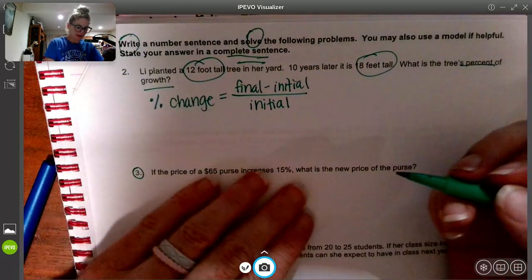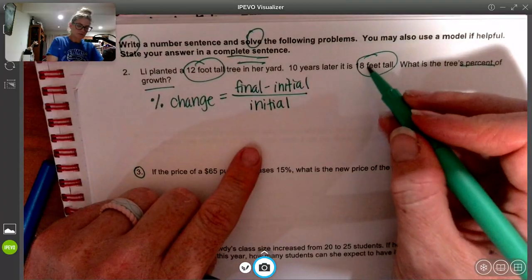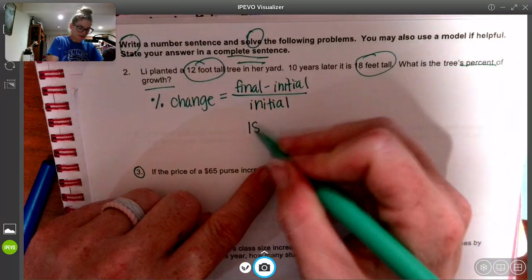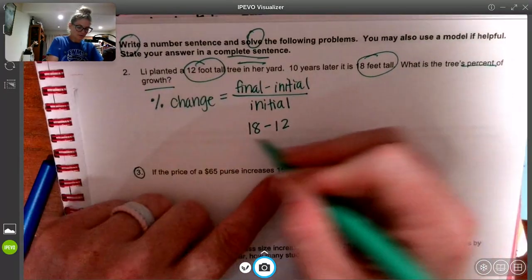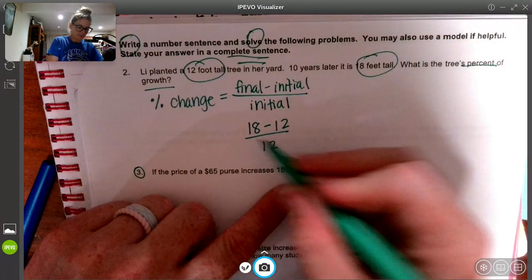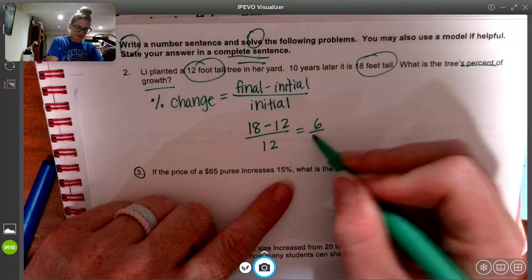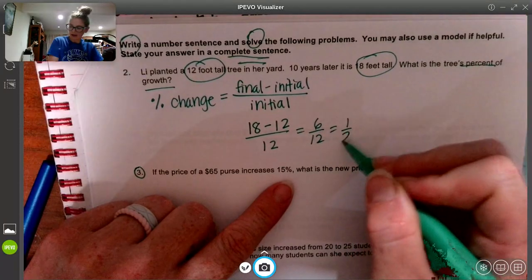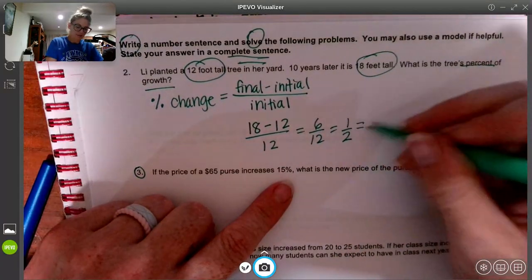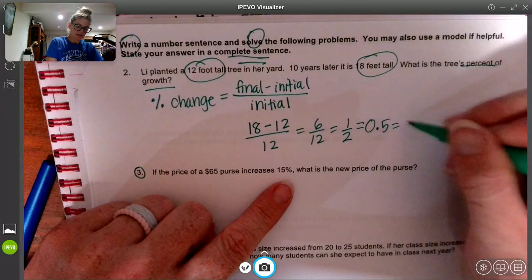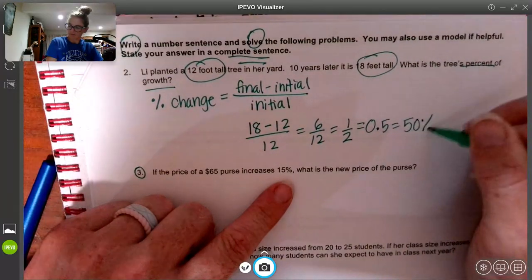So in this case, our final height was 18, our initial was 12, all over 12. 18 take away 12 gets you 6. 6 over 12 is 1/2. 1/2 we know is a decimal of 0.5, as a percent is 50%.